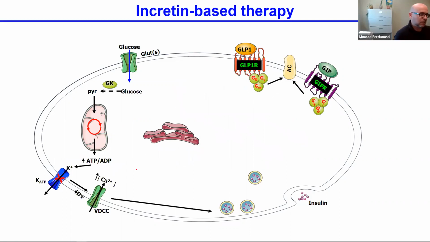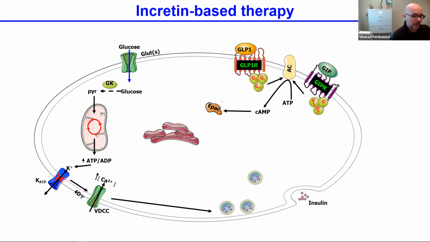So how the system works in the beta cells: when GLP-1 or the GIP bind to the receptor, the G-alpha S will activate the protein called adenylate cyclase, and the adenylate cyclase will metabolize the ATP to produce cyclic AMP, and the cyclic AMP activates two key proteins.